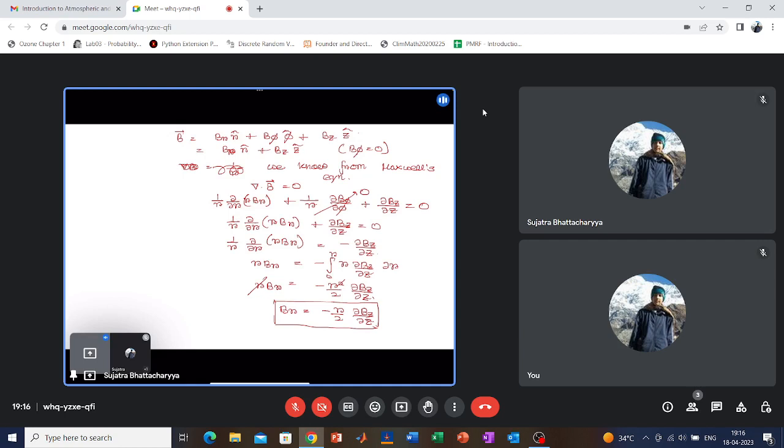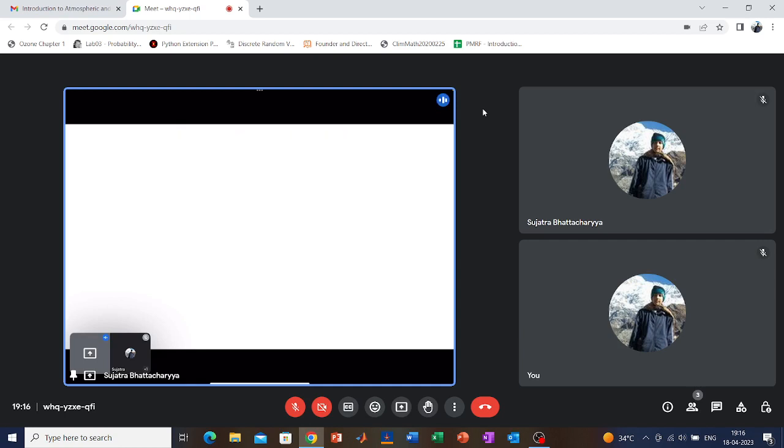But before that, we need to understand what the force will be, and it will be only the magnetic force, no electric field. So since there is no electric field, F will therefore be Q into V cross B. And this F is m dV/dt, which is nothing but Q into V cross B, isn't it?